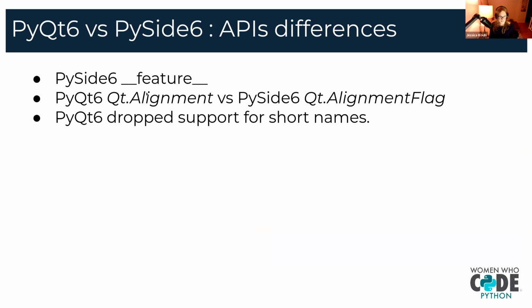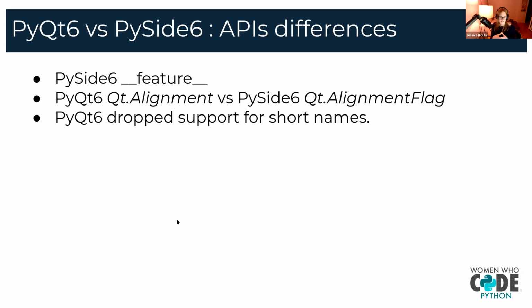So that covers the differences between PyQt 5 and PySide 2. Those differences are also in PyQt 6 and PySide 6. However, with the release of Qt 6 and the two corresponding bindings, a few differences came up as well, mostly in favor of PySide 6.